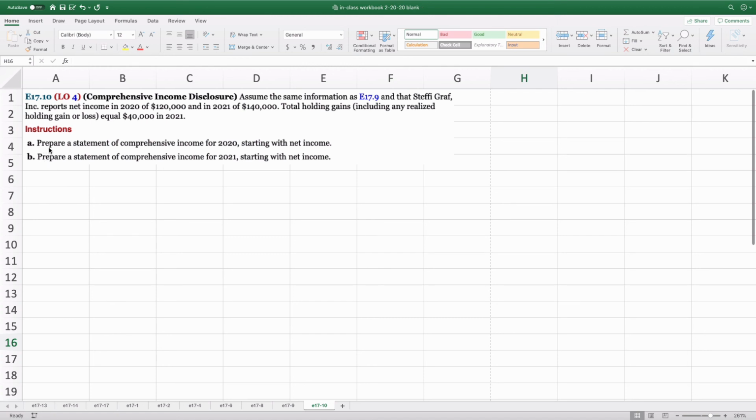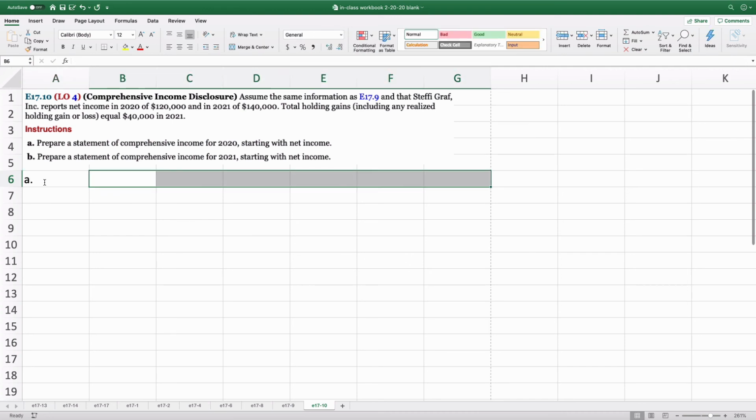In A, it says prepare a statement of comprehensive income for 2020, starting with net income. So, first thing we're going to do is we're going to call this A, and we'll put a header in there because if it says a financial statement, we need to make sure we do it right.